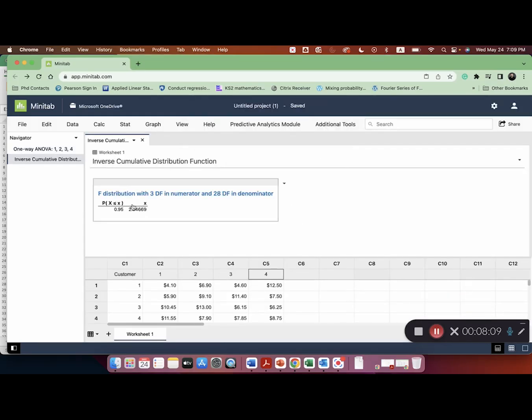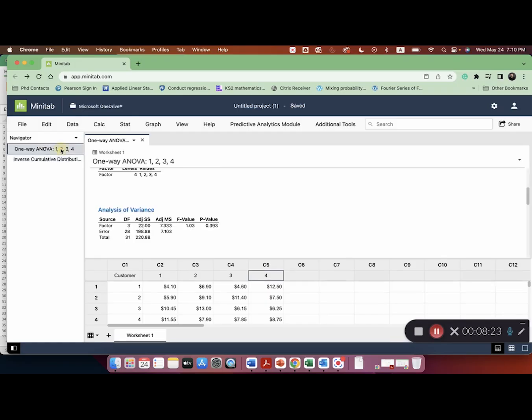This is my F critical, which is 2.946. It's about 2.95. This is the critical value of the F. This is F critical, which is greater than 1.03. So our test value is less than the critical value.